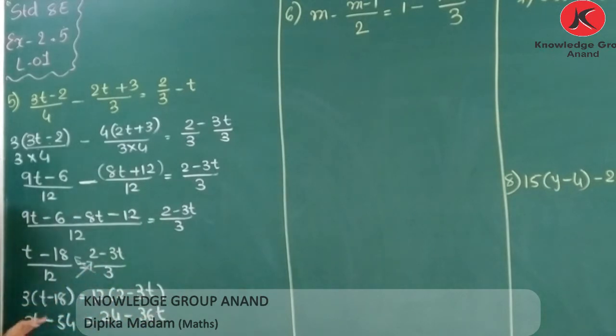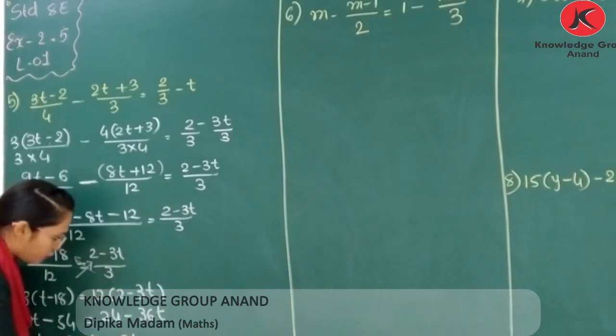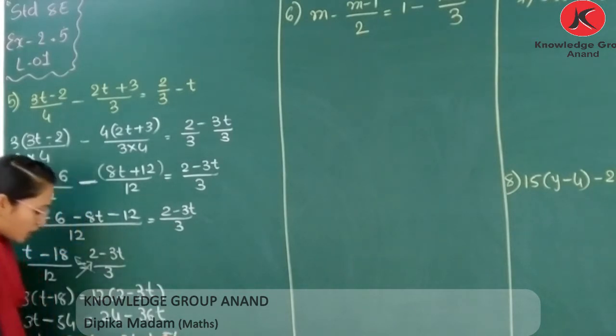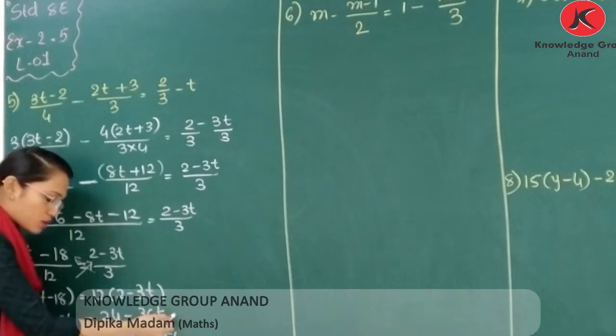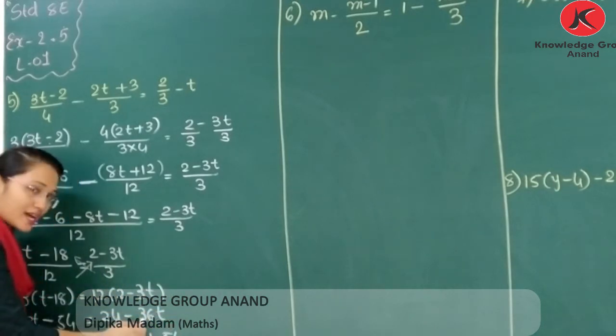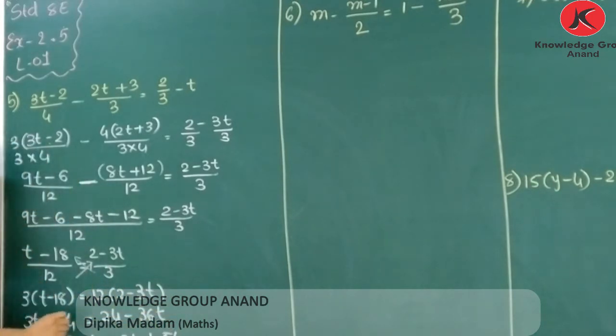Now 36t on this side, negative becomes positive. So it is 3t plus 36t is equal to 24 plus 54. This 54 is negative, becomes positive on the right side, and 36t that is negative becomes positive on the left side.